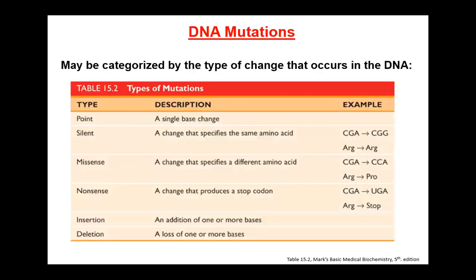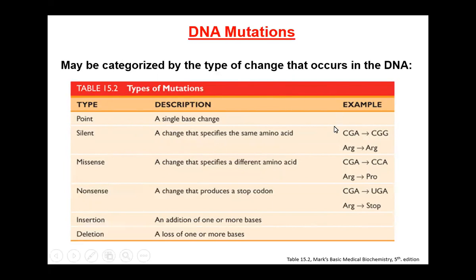In addition, when we think about point mutations, we can also look at these by the effect that they're going to have on the protein that is ultimately synthesized by that piece of DNA. So for instance, some point mutations may be silent. Okay, so when the mutations are silent here, this is when the change in the DNA does not result in a change in the amino acid that is coded for here.